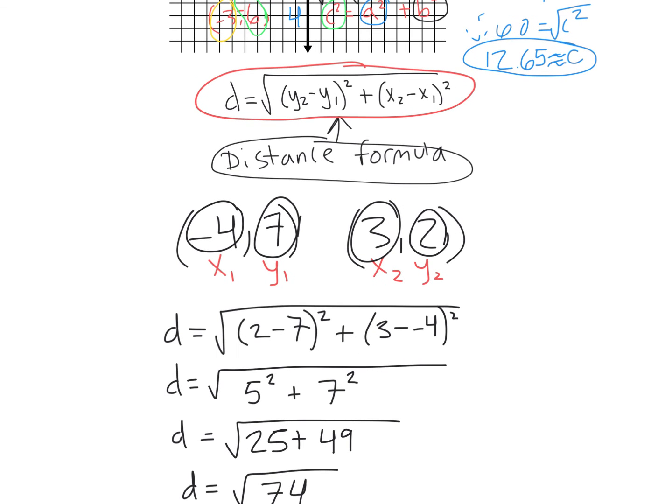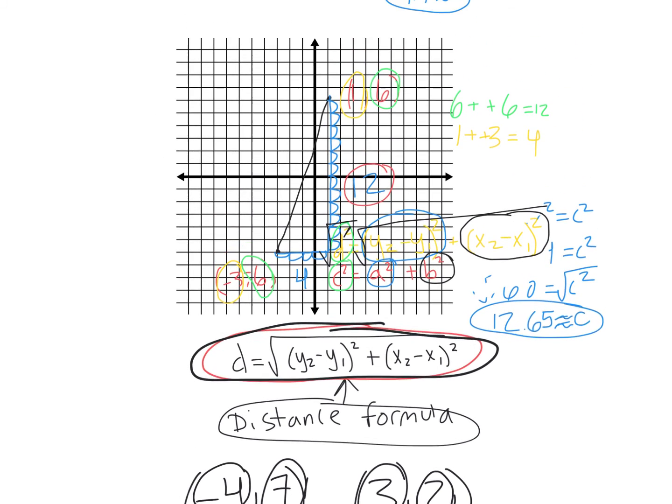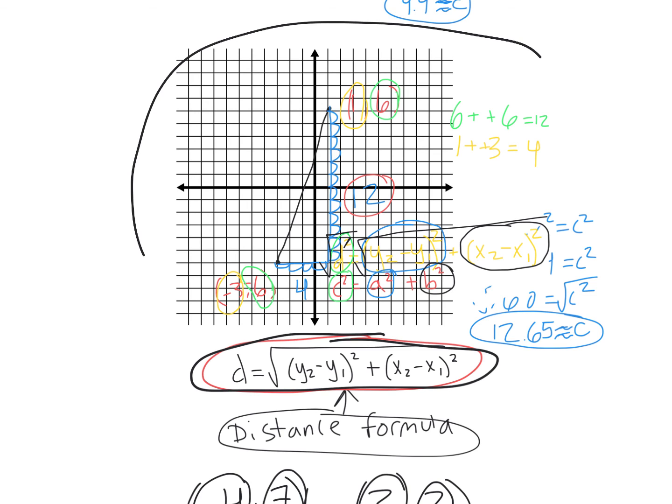Now, if this is hard for you to remember right here, that's okay. If you remember the Pythagorean theorem and you can do what we did up here without needing to write it out in this way, if you can just sketch this on a coordinate plane, that's great.